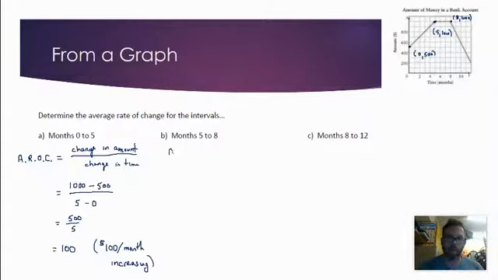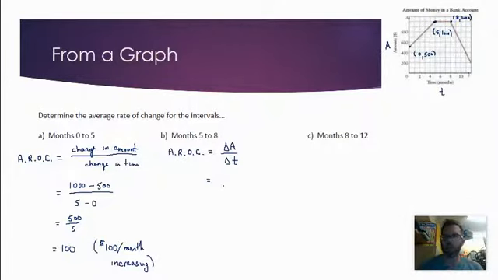So the average rate of change, it's still a change in amount. Maybe just to save some room, let's call amount A and time T, because then I can write this more concisely as delta A over delta T. I like that idea, calling a little audible on the fly there. That'll save us some writing.